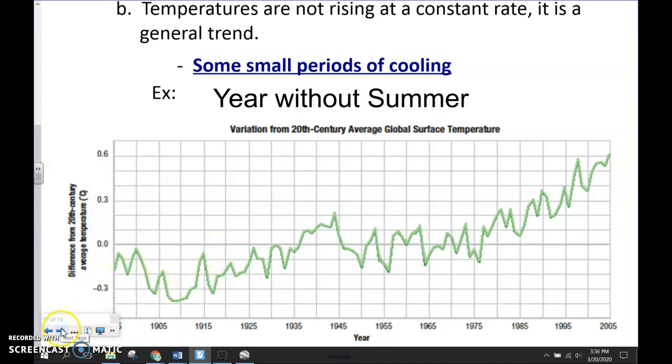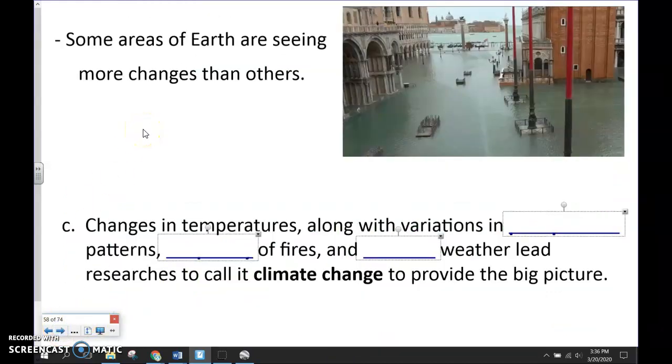Okay. Now, some areas of Earth are seeing more changes in this than other areas. You can see a picture here. This is a picture of the square in Venice, which I can't remember the name of, but I have been there. I was lucky enough to be there. But you can see that it's flooded at this point. Now, Venice, if you don't know, is a city built on an island, and they actually built more island by putting in trash and wood and all this stuff there.